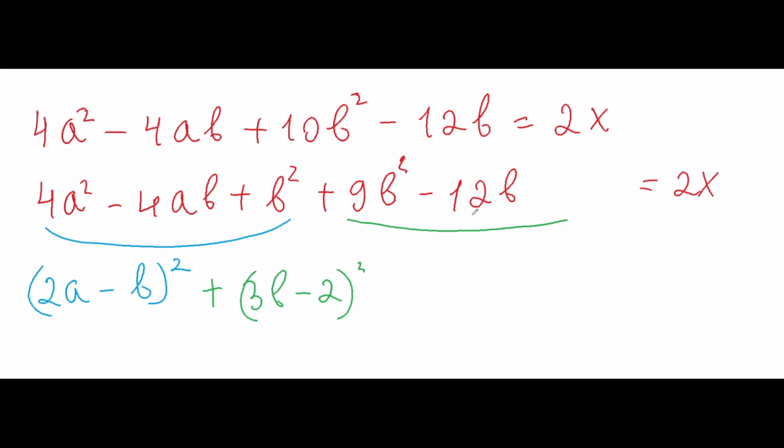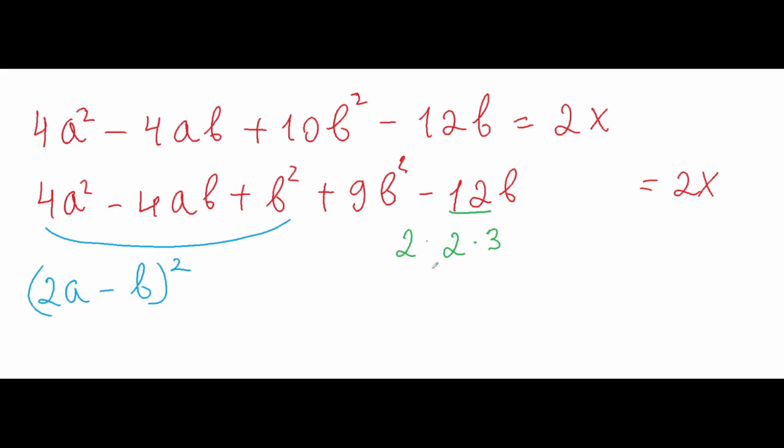We can write down this 12. Let me write down 12 first of all. We can write down the 12 as 2 times 2 times 3. So it will give us 12.